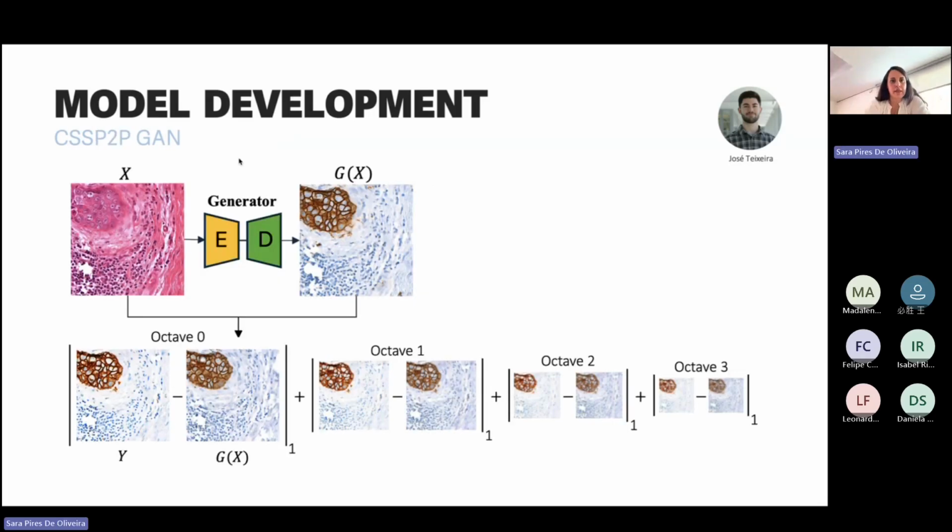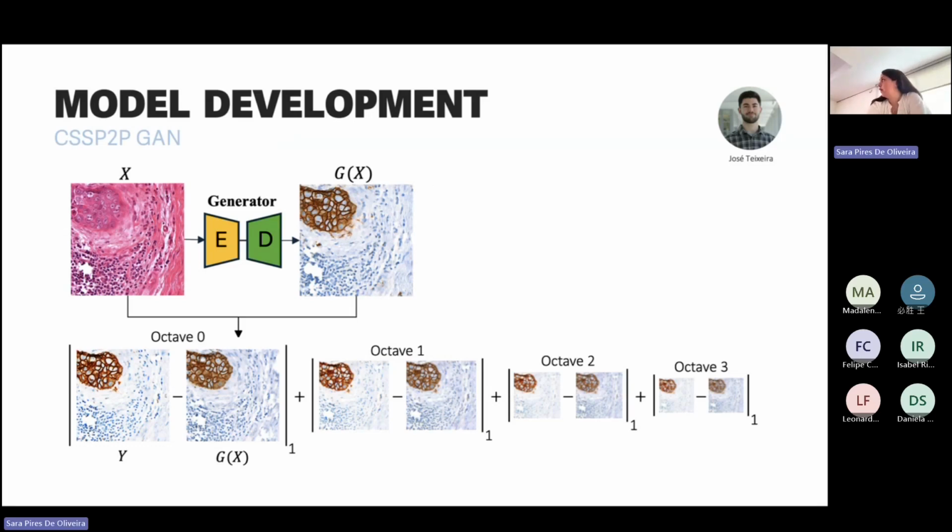And then lastly, we just retrieved the idea of the pyramid to try to penalize the differences between the generated and the real immunos. Sorry, there's an error here. This is not on the H&E, it's just the generated and the real immuno. And here it's just trying to improve the similarity of the generated and the real immunos at different levels.